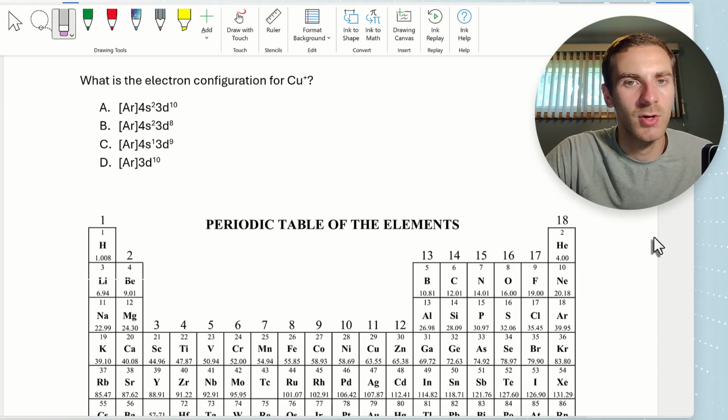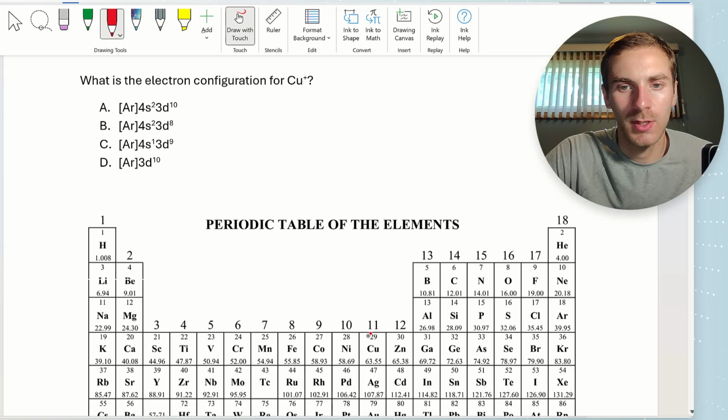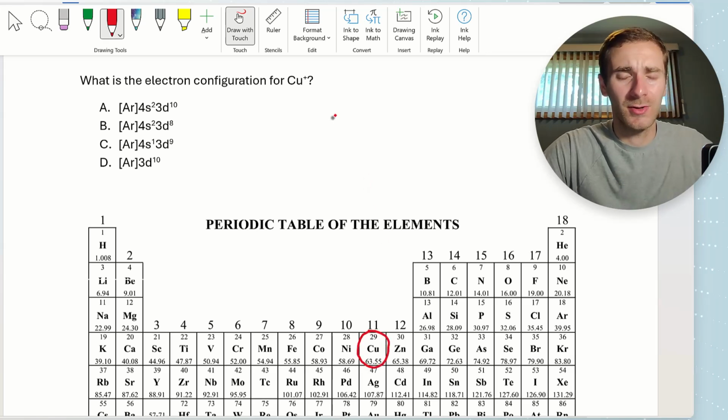So what is the electron configuration for Cu+, so the copper +1 ion? So copper, Cu, is right here on the periodic table.